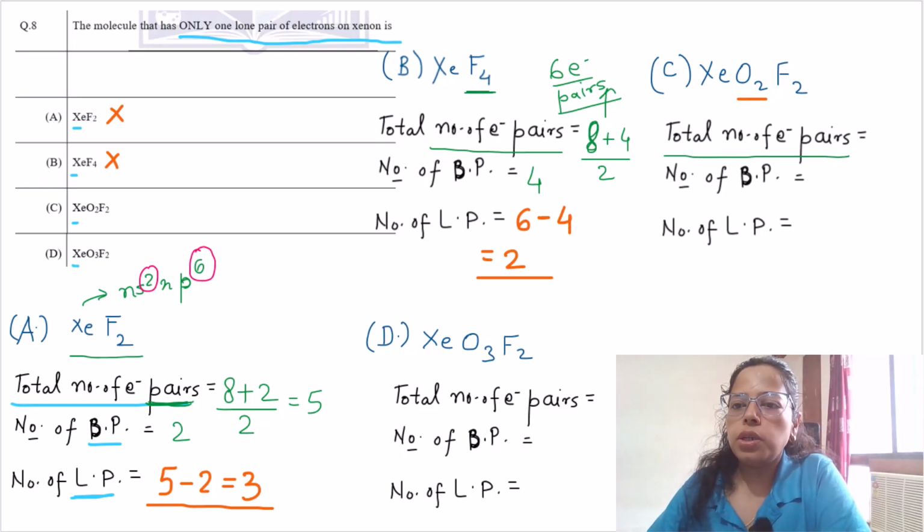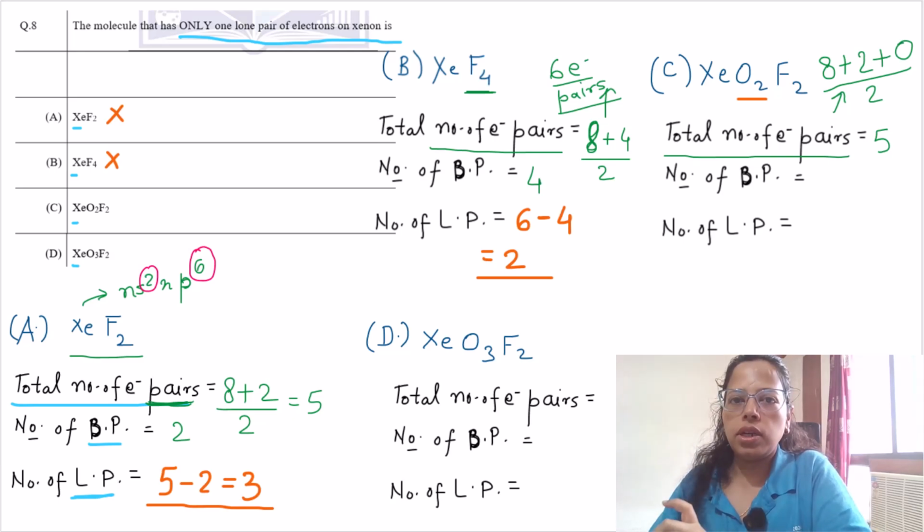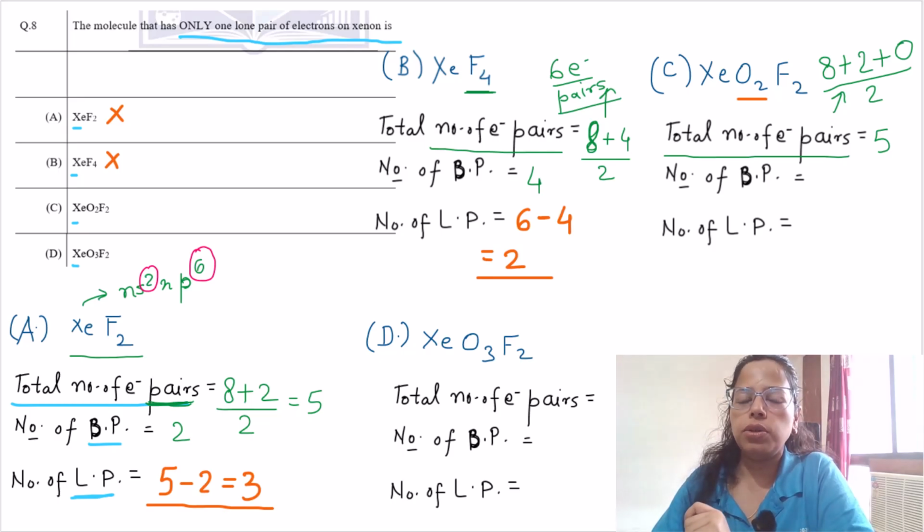So for XeO2F2, we have 8 for xenon, then 2 fluorine atoms each contributing 1 electron, and we do not consider the contribution of oxygen because it's doubly bonded, and then divide by 2. So we have 5 electron pairs in XeO2F2. I have discussed this situation with a doubly bonded oxygen in my previous videos, so you can check those.